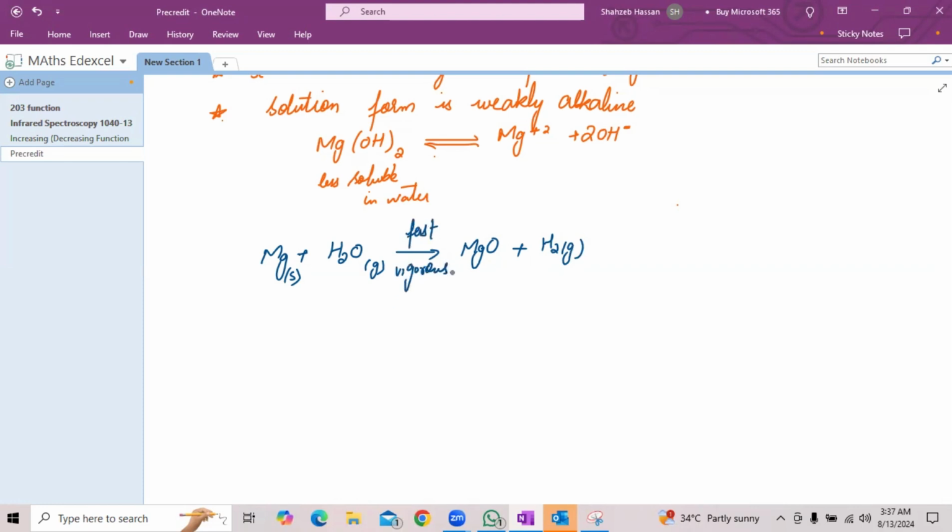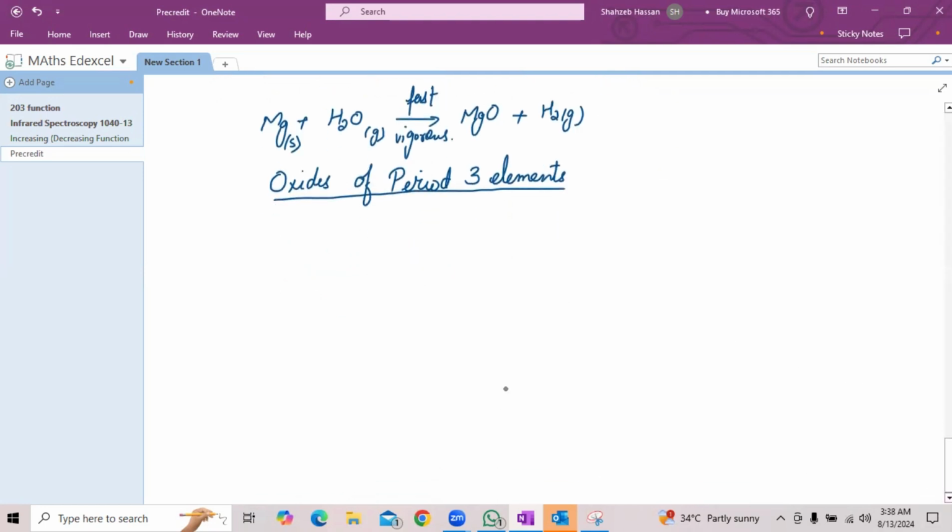Is that clear? Now, let's move towards the next topic, and that is oxides of period 3 elements. If we are discussing oxides of period 3 elements, we have sodium, magnesium, aluminium, silicon, phosphorus, sulfur, and chlorine.